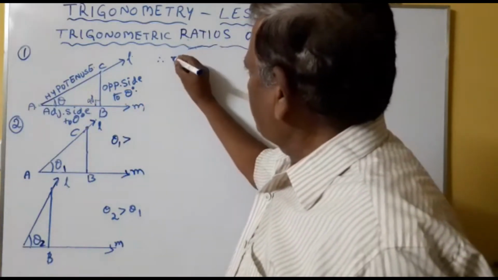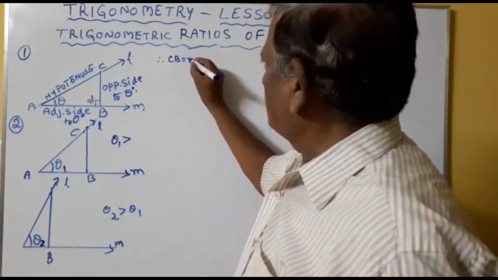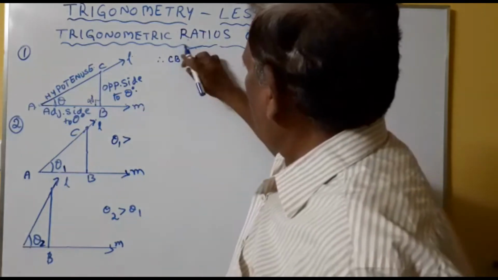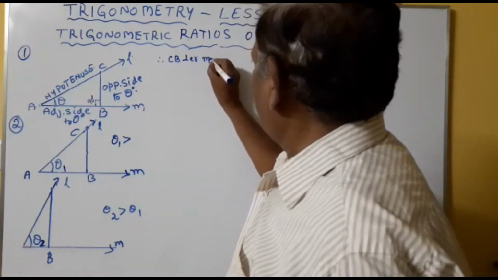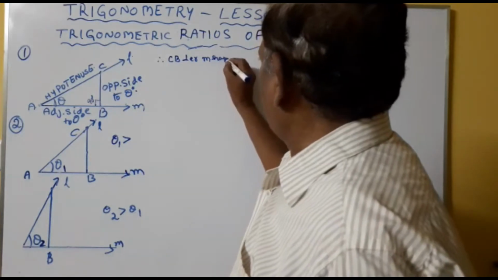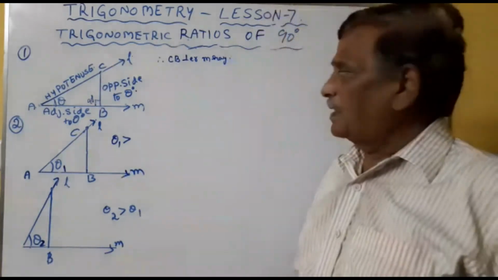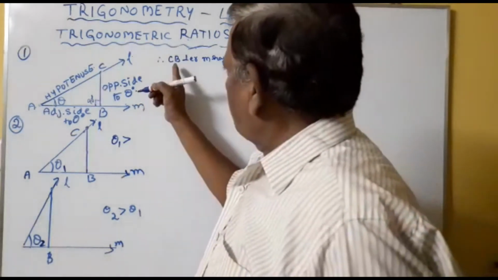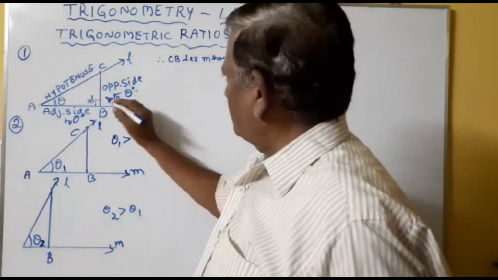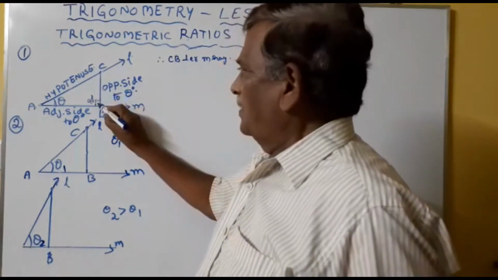Therefore, CB is perpendicular to M ray. Since CB is perpendicular to M ray, this is a 90 degrees angle.